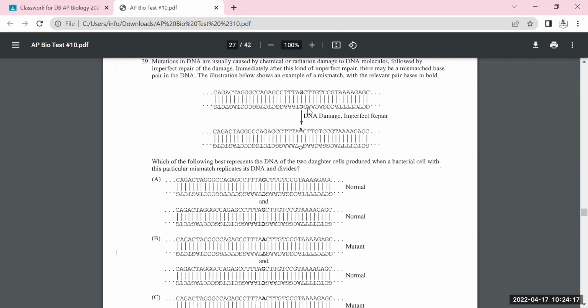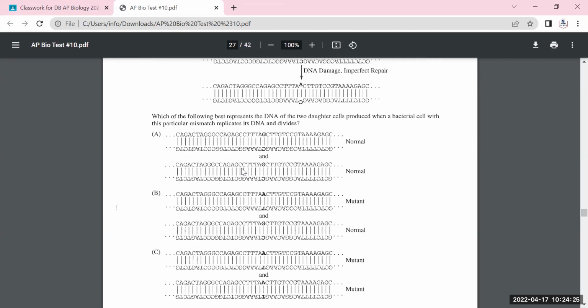So here you go, you have A and C. Which of the following best represents the DNA of the two daughter cells produced when a bacterial cell with this particular mismatch replicates its DNA and divides?